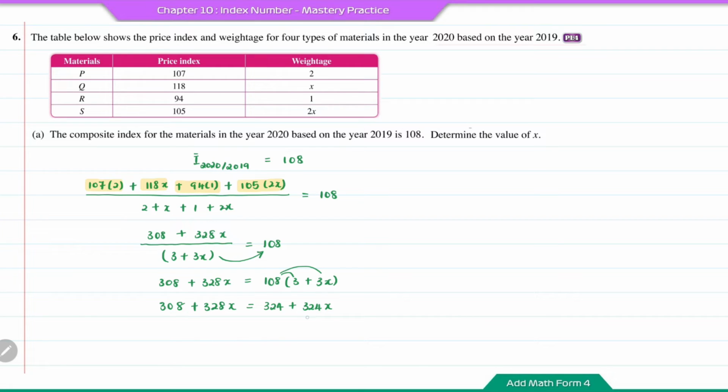So next, we're going to move the 324X to the left hand side. It will be 328X minus 324X, which is equal to 4X. As you move the 308 to the right hand side, it will be 324 minus 308, which is equal to 16. Therefore, X is equal to 16 divided by 4, which is equal to 4.